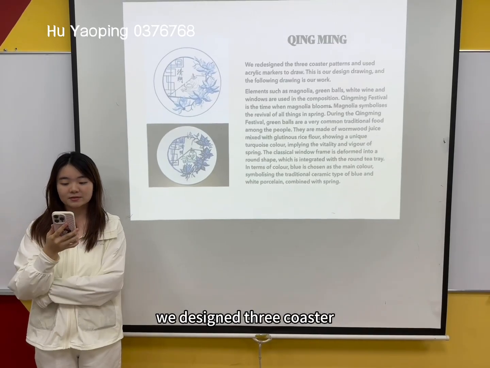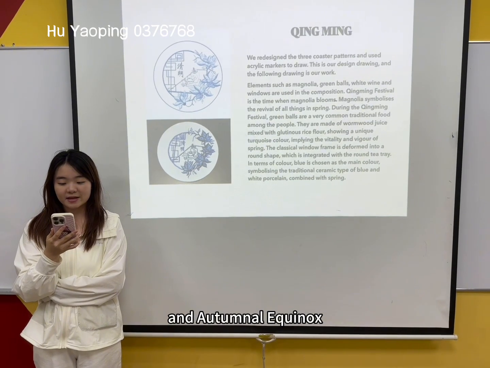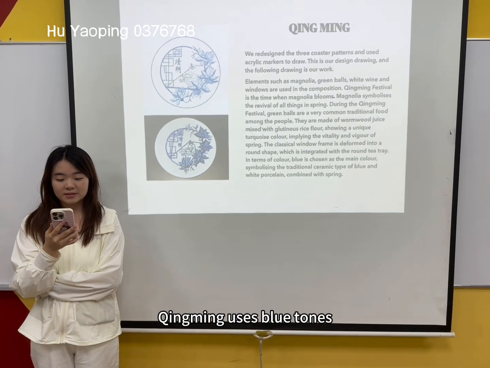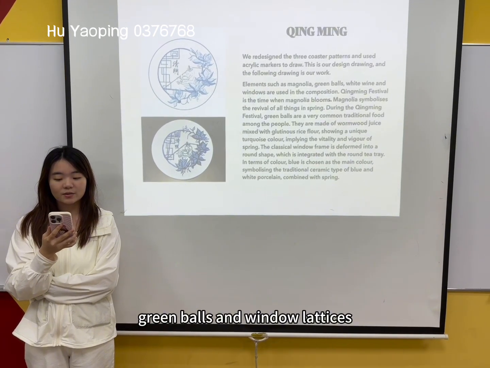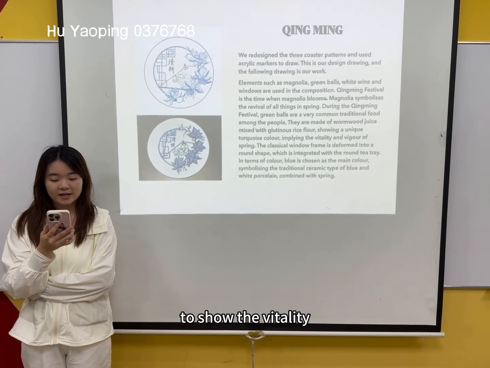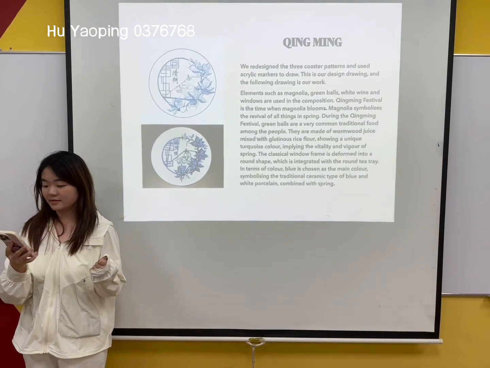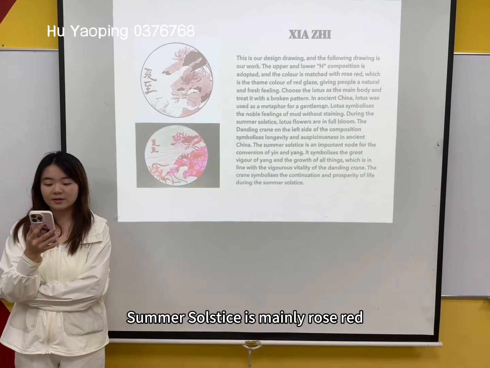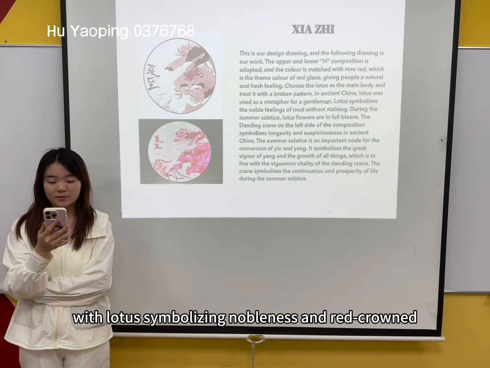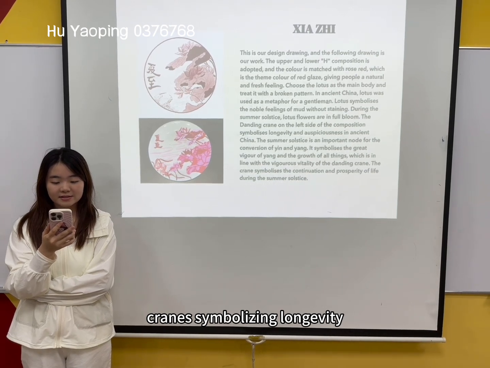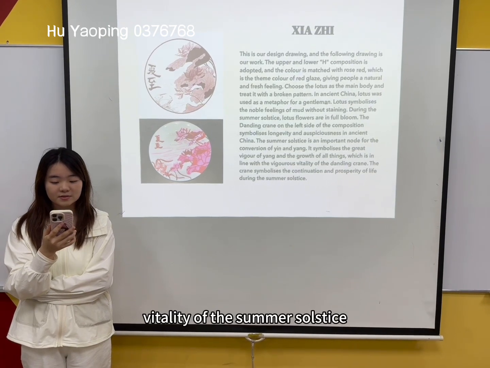We designed three custom items corresponding to the three solar terms of Qingming, summer solstice, and autumnal equinox. Qingming uses blue tones combined with magnolia rainbows and window lattice to show the vitality of spring and traditional tea culture. Summer solstice is in rosary with flowers symbolizing the winds and the red tones symbolizing longevity, and choosing the Vienna rose variety for the summer solstice.